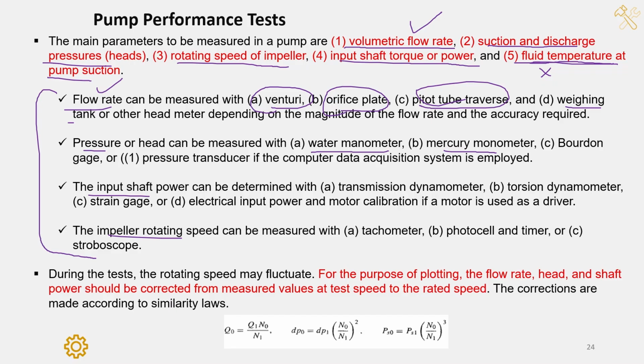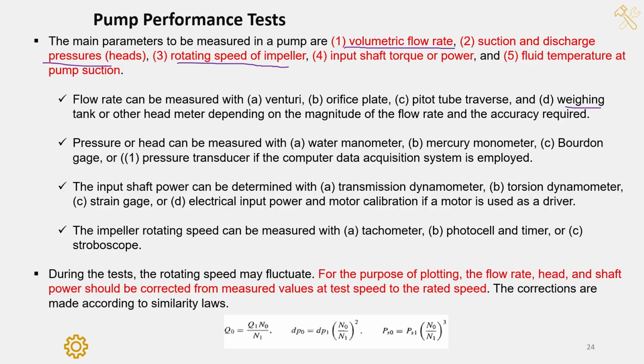But there is one very important thing to mention here. Sometimes you test a pump and notice that, for example, let's say you are taking some data of a pump that is running at one constant speed.